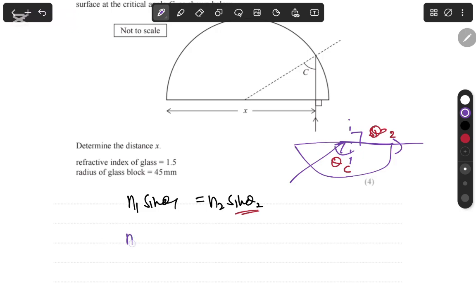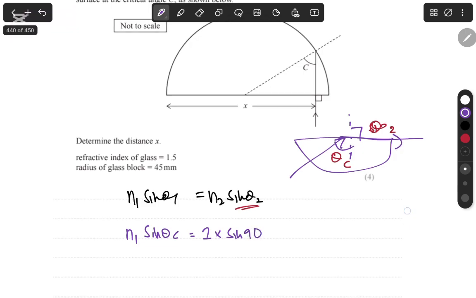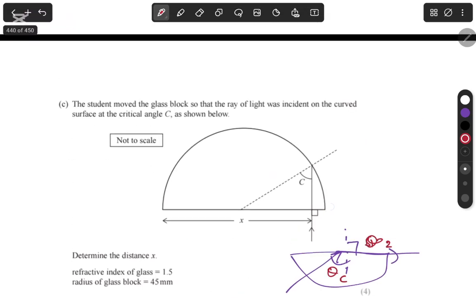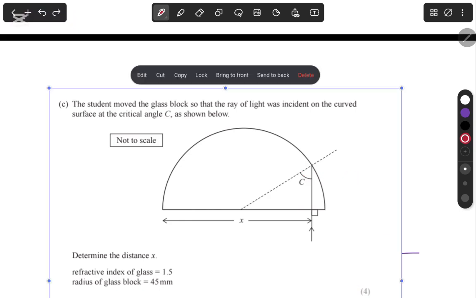So we have n1 sine theta c is equal to 1 times sine 90, and sine 90 is just 1. You can plug that in the calculator, and then we get sine theta c is equal to 1 over 1.5. And when you solve that, you should get 41.8 degrees. So this angle here is 41.8 degrees. Not degrees Celsius, just degrees.